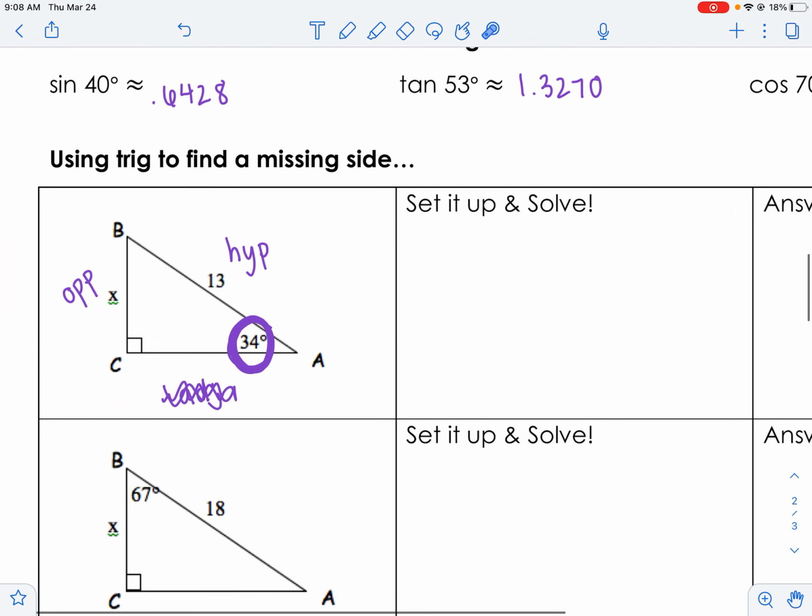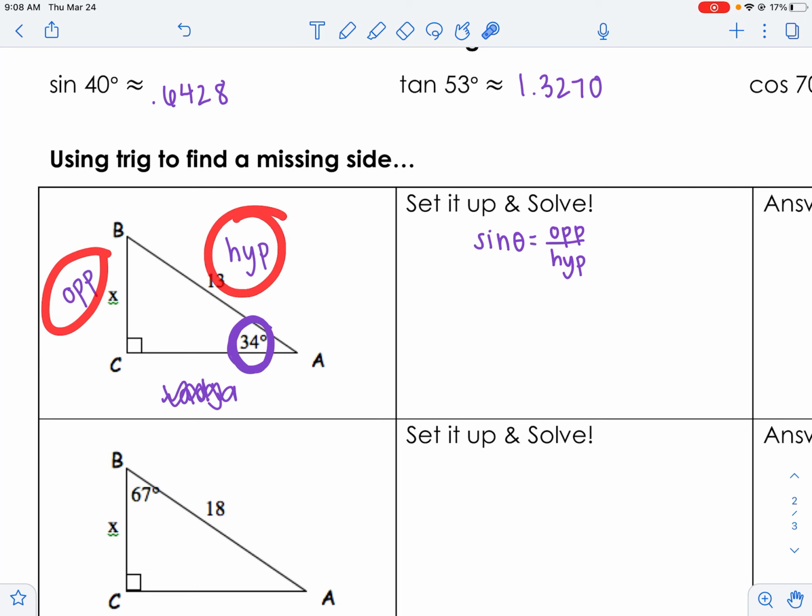That's sine. So that's the formula that I'm going to use on this particular problem. So I'm going to use sine of theta equals opposite over hypotenuse. I'm using this formula because there's nothing on the adjacent side, so I don't care about the adjacent. I'm going to use opposite and hypotenuse, and that's my sine formula.